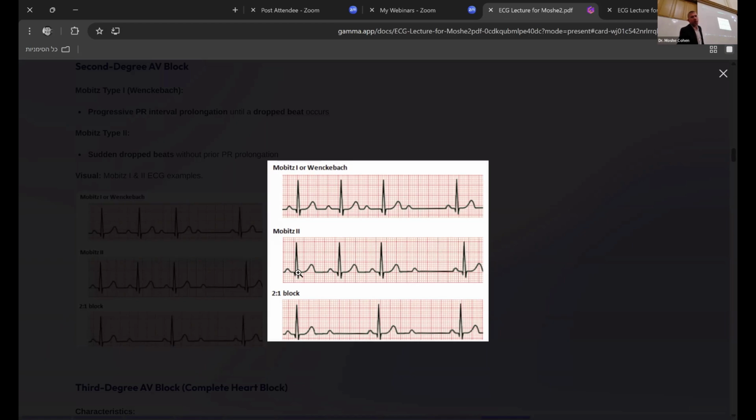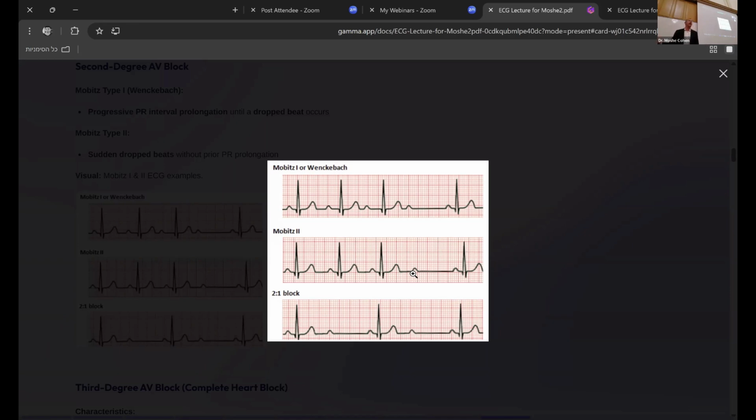You see, normal PR interval, normal PR interval, normal PR interval, and then you have a dropped beat. This is Mobitz 2. This is already an indication for a pacemaker. And this is extremely important to diagnose, and it's not so easy to diagnose. And the patients can be completely asymptomatic.